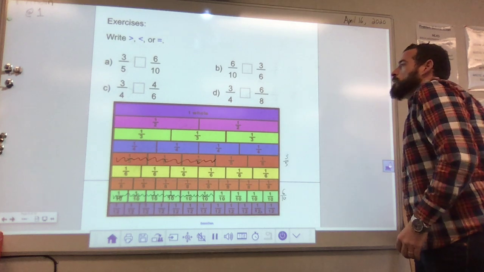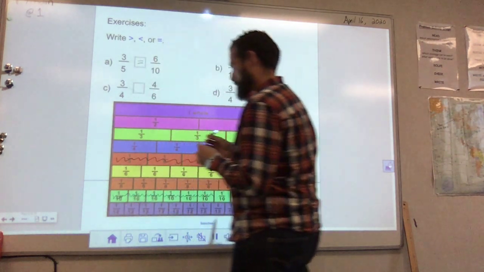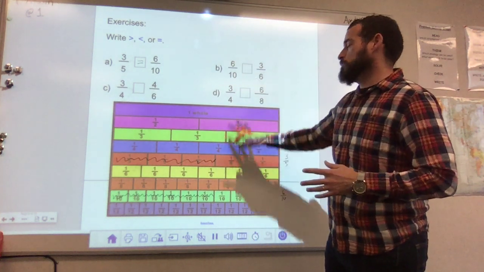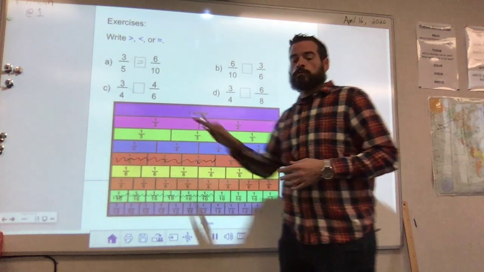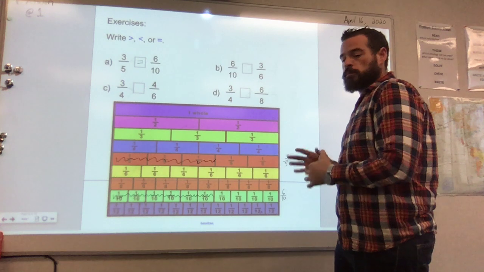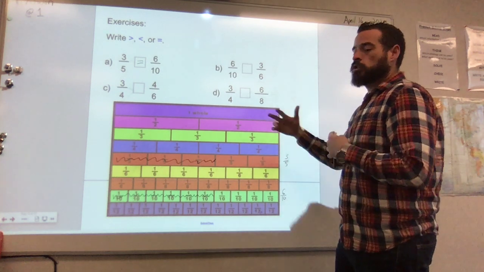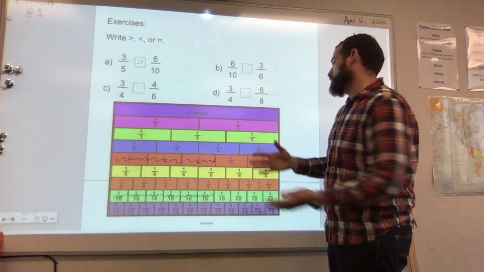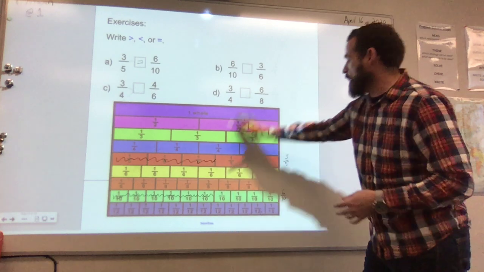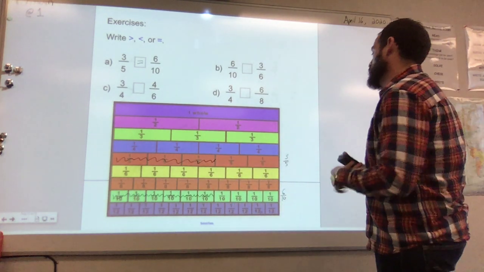So 3/5 is equal to 6/10. So keep that in mind, that you can have different numbers with your fractions and they can be equal. And that's why these fraction strips, if you have those in front of you and can line them up, it can really show that and make it easier to see that. So hopefully you were able to get those out. But you look there, they both line up the same, so 3/5 equals 6/10.